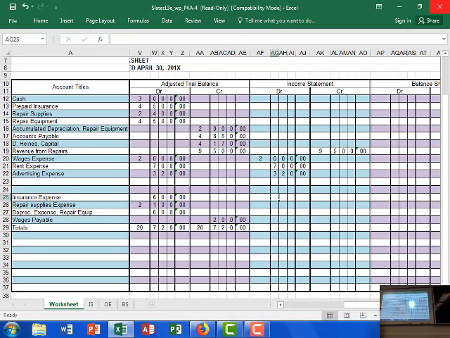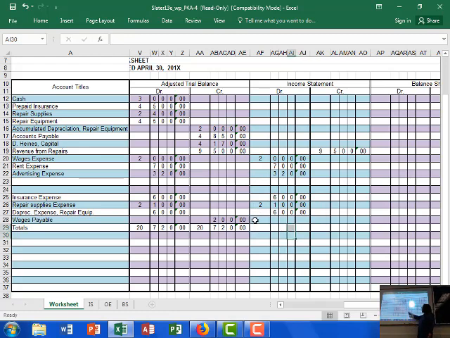Of course not. From the adjustment, $600 for insurance, repair supplies expense, depreciation expense, and wages payable? No. Wages payable is a liability. Remember, we're just using expenses. So, that's it for now.